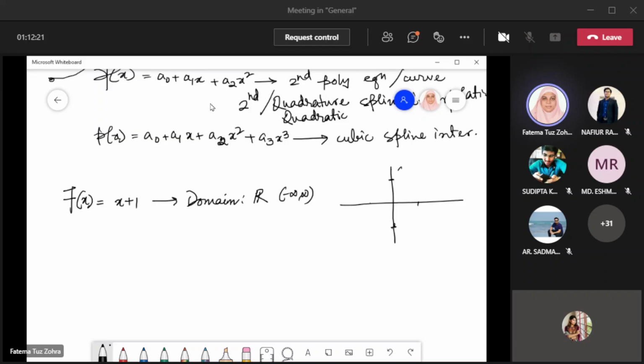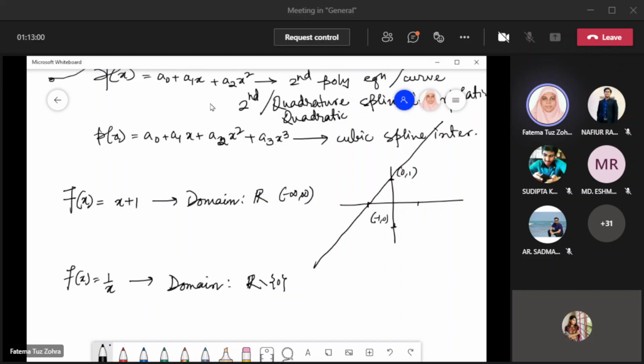If I have f(x) equals 1 by x, what is the domain? All real numbers except 0. That means if I replace the value of x with 0, we don't have a valid value of f.